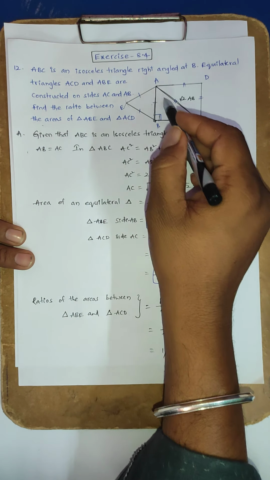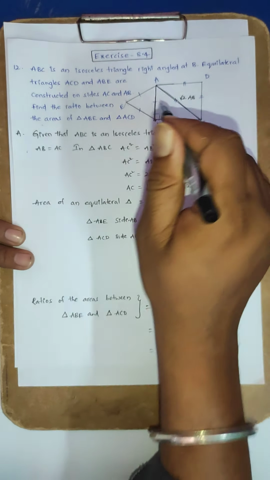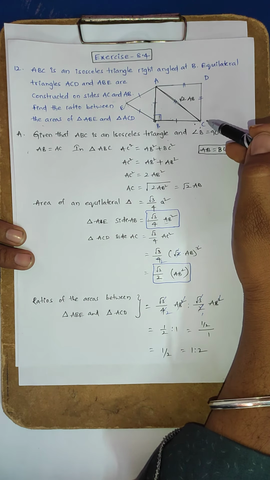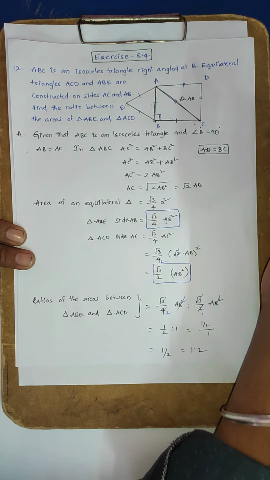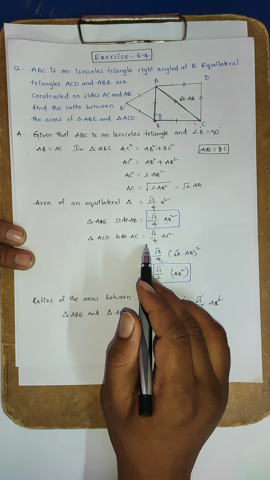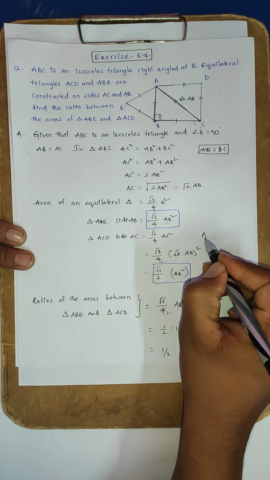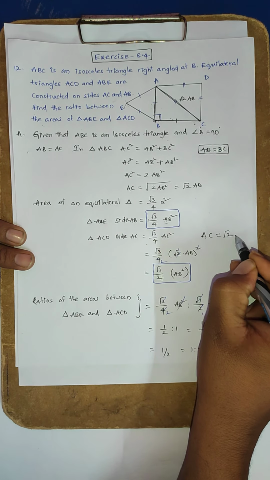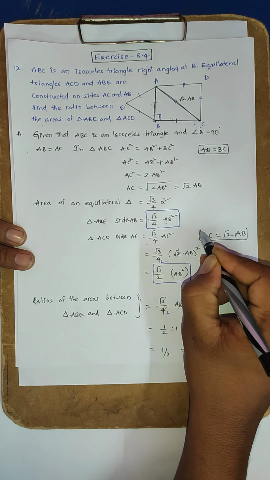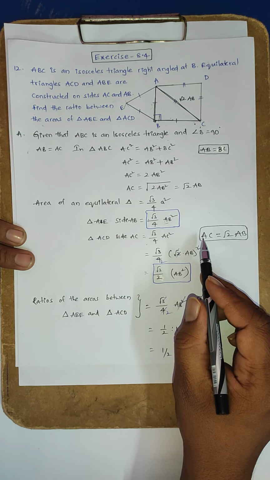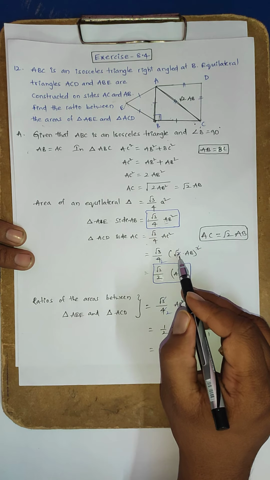In this way, the area of ACD: the side AC we found is root 2 AB. Area is root 3 by 4 AC square, and the value of AC is root 2 AB, so we substitute root 2 AB.